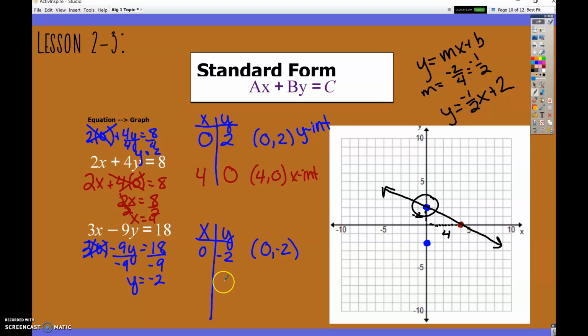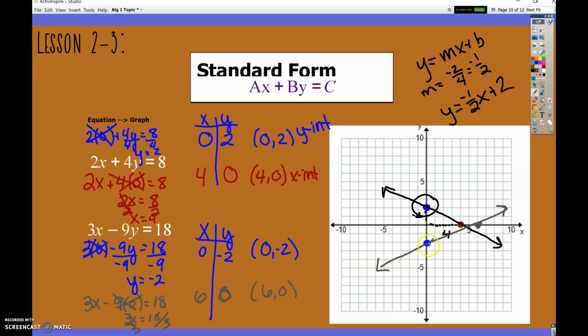Then I could switch and make my y value be 0. And if I do that, I'd have 3x minus 9 times 0 equals 18. The 9 times 0 is gone, so if 3x equals 18, and I divide by 3, I'm given x equals 6. This gives me my x-intercept, and because you only need 2 points to create the equation of a line, there we have it.